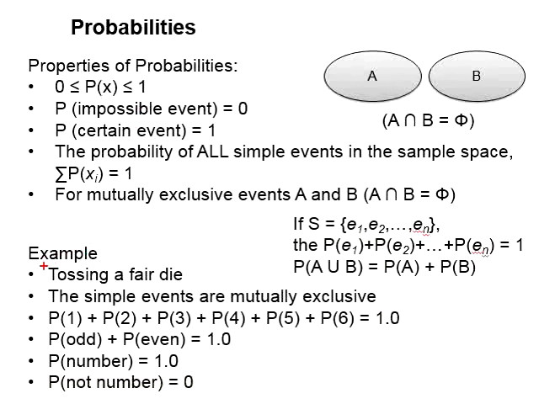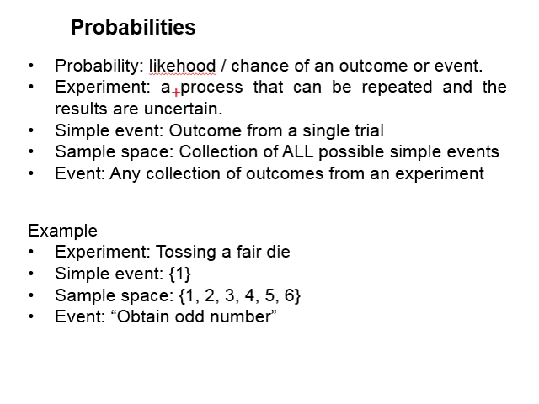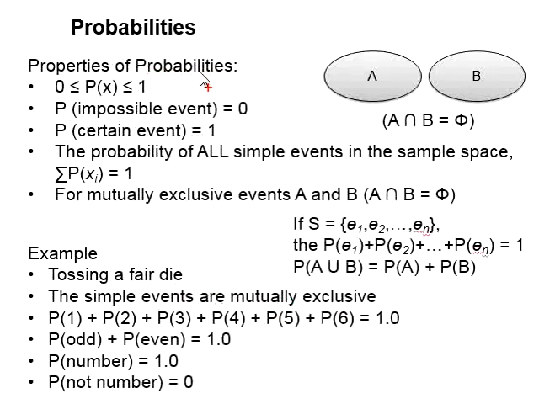Again, we take an experiment of tossing a fair dice. You know that tossing a fair dice is an experiment. The sample space will be 1, 2, 3, 4, 5, and 6. Based on the sample space here, we know that the simple events are mutually exclusive. There is no overlapping between each simple event.